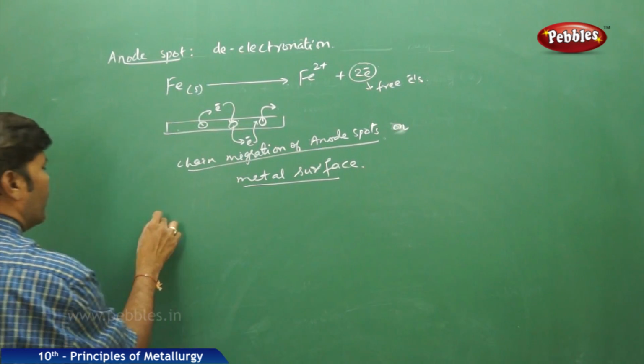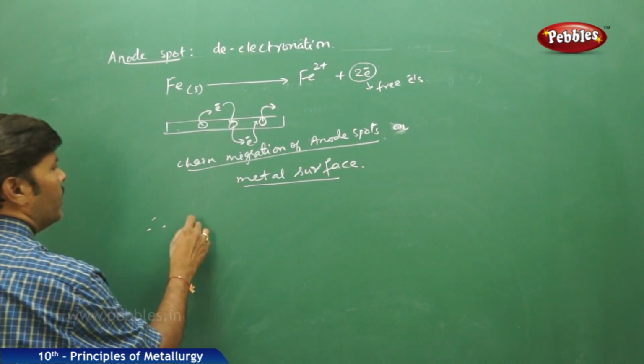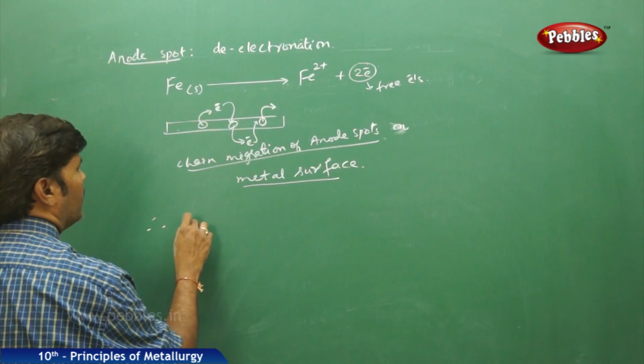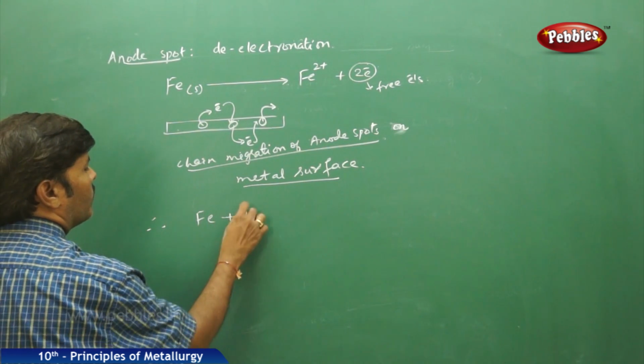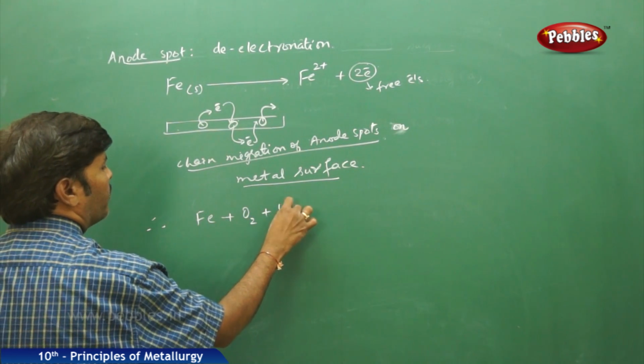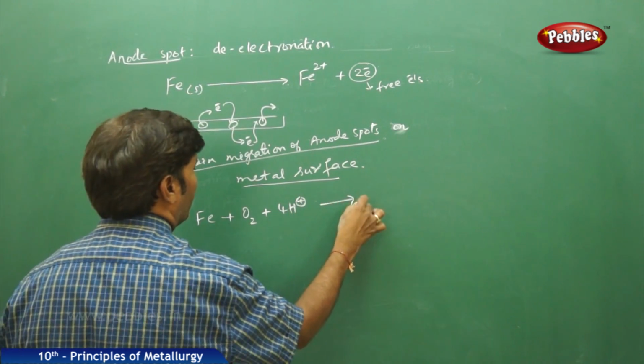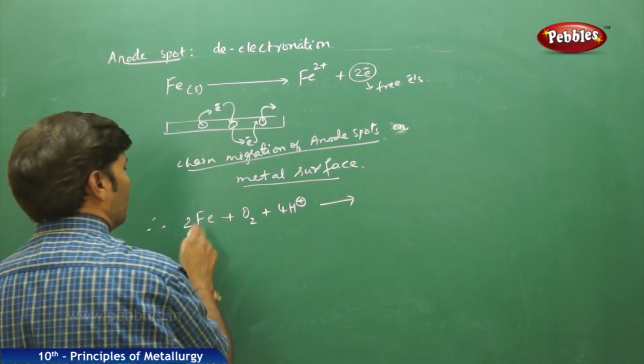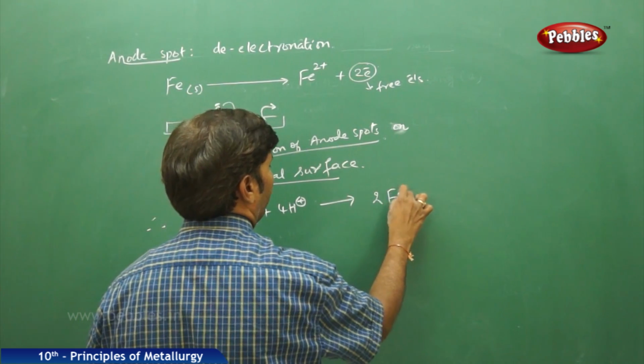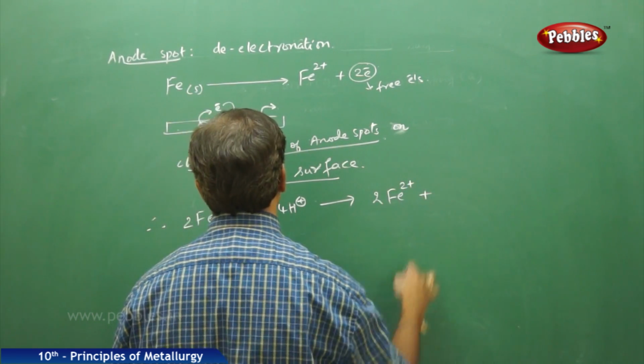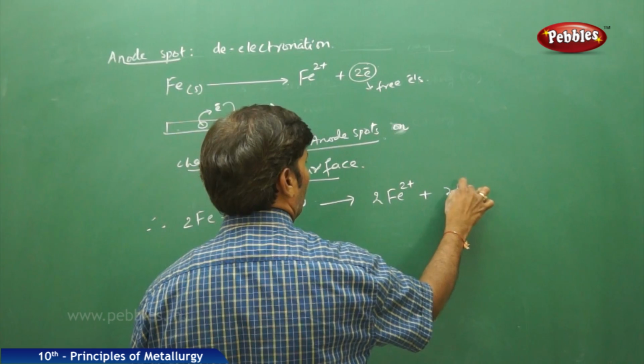So we can come to one conclusion. We can simply say that iron plus O2 plus 4H+ ions will give 2 moles of Fe2+ plus 2H2O.